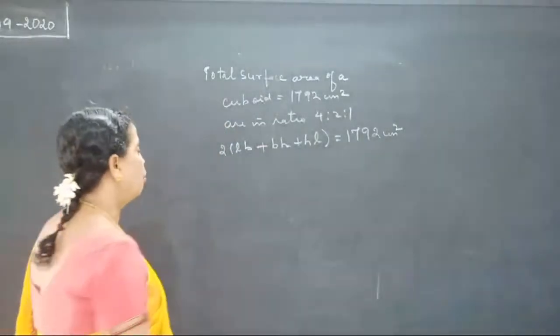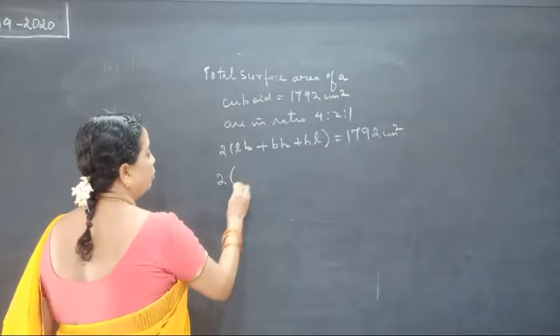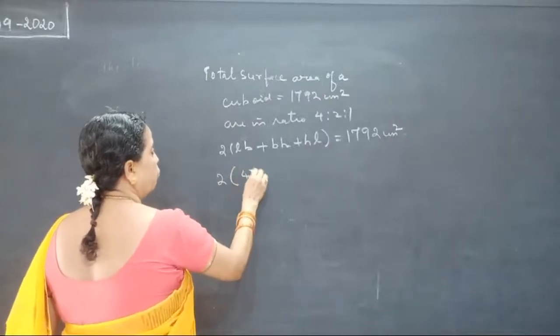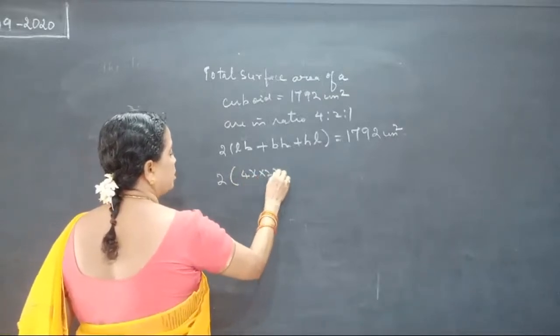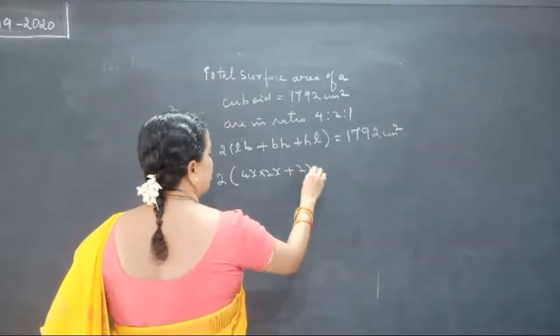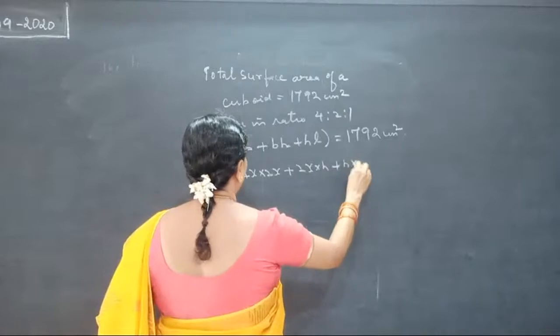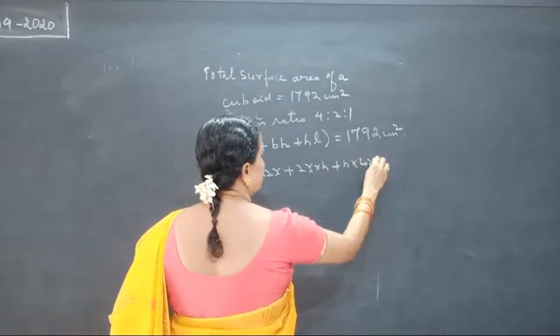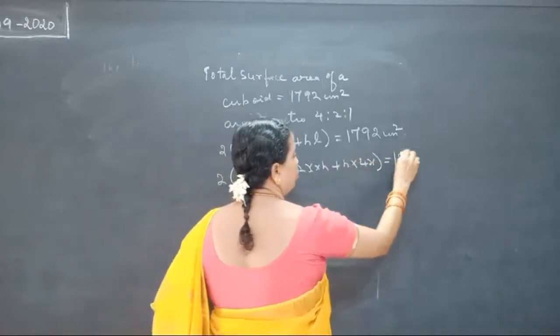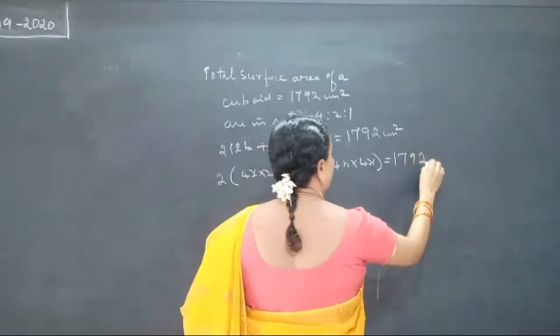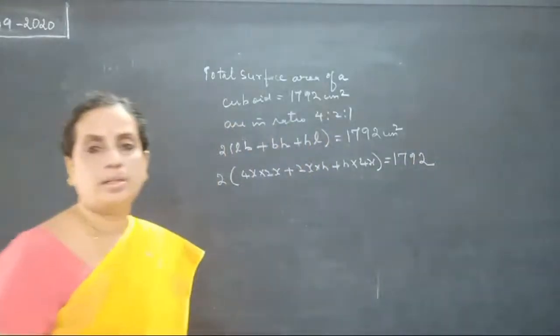Now what will you get? 2 into, where L is 4x into breadth 2x, breadth 2x into height x, height x into length 4x, equals 1792 centimeters square.